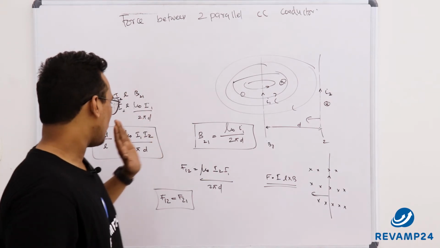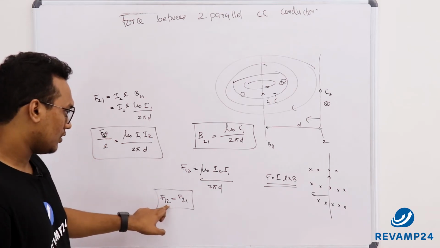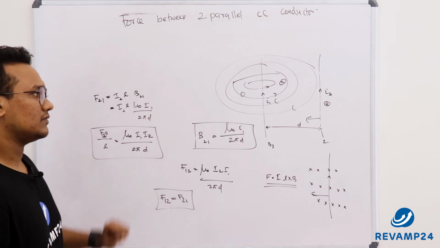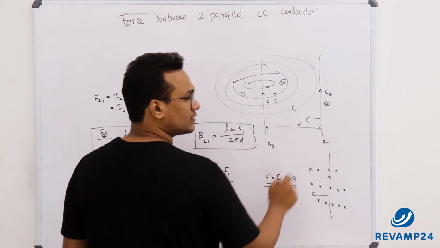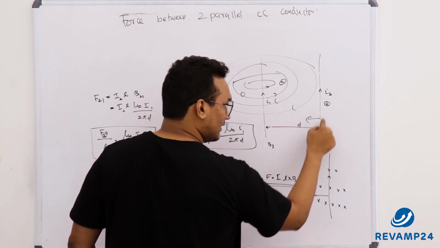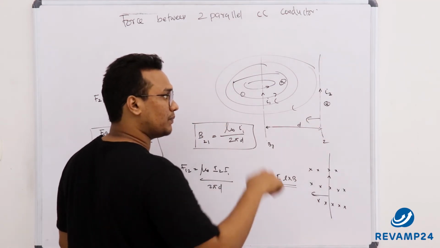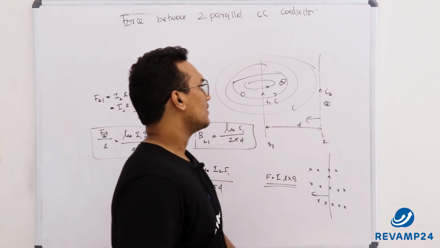What is F21? On 2 by 1. What is F12? On 1 by 2. See, here the reason is very important. Why is it exerting a force on this? This will be creating a magnetic field here, and this current carrying conductor is placed in that magnetic field. That is the reason for the force here.